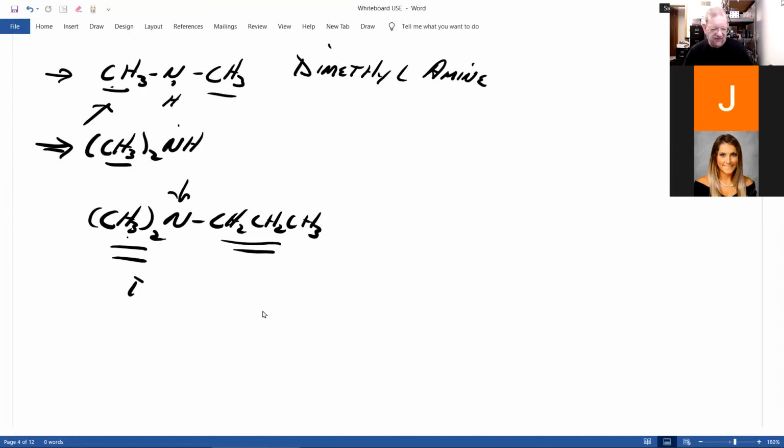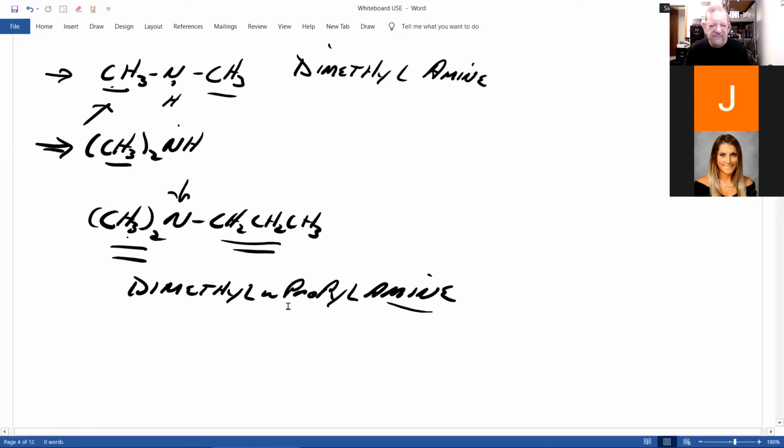And you could say this is dimethyl N, which is lowercase, propyl, amine. And that's how you name primary, secondary, tertiary amines. I'll never ask you, but this is a tertiary amine. And you could have also put N-propyl dimethylamine. Either one would be correct.